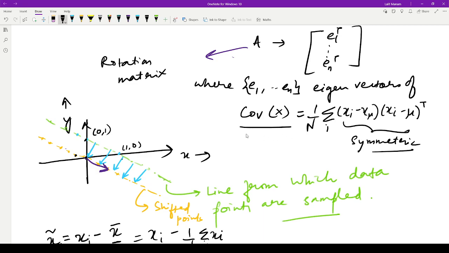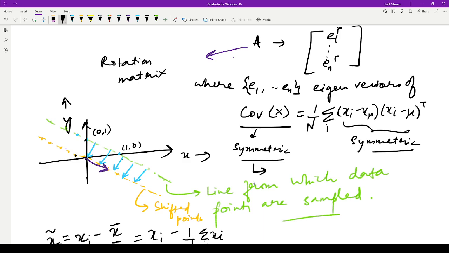Given that this is a symmetric matrix, this is also a symmetric matrix, because the sum of symmetric matrices gives us a symmetric matrix. Given that, what are the properties of a symmetric matrix with respect to eigenvalue decomposition? When you decompose a symmetric matrix using eigenvalue decomposition, what are the properties?